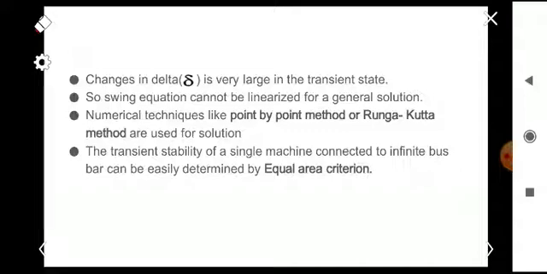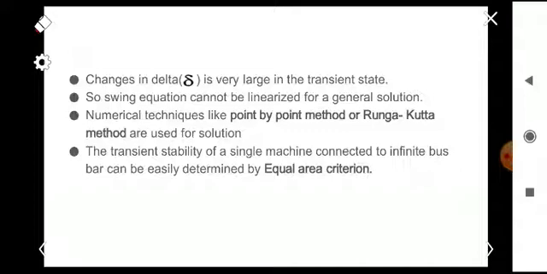The swing equation cannot be linearized for a general solution, and so the solution has to be obtained using numerical techniques. The most popular methods available for the solution are the point by point method and the Runge-Kutta method.